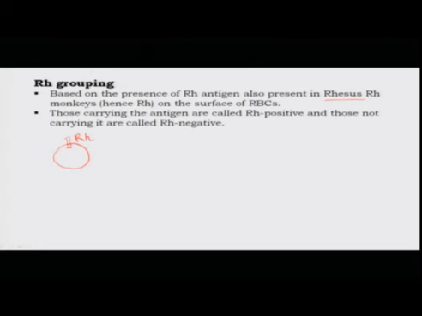Since the first two letters of their name are RH, the name of this antigen is RH. Those people who carry the RH antigen on their cells are called RH positive, and predictably those that do not carry the RH antigen on their cells are known as RH negative.